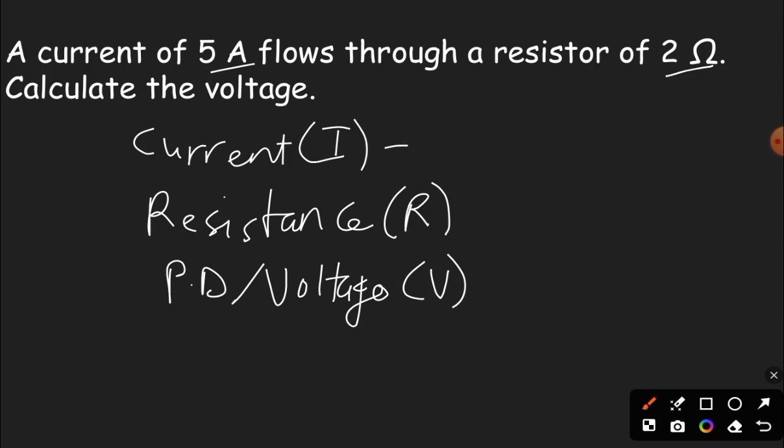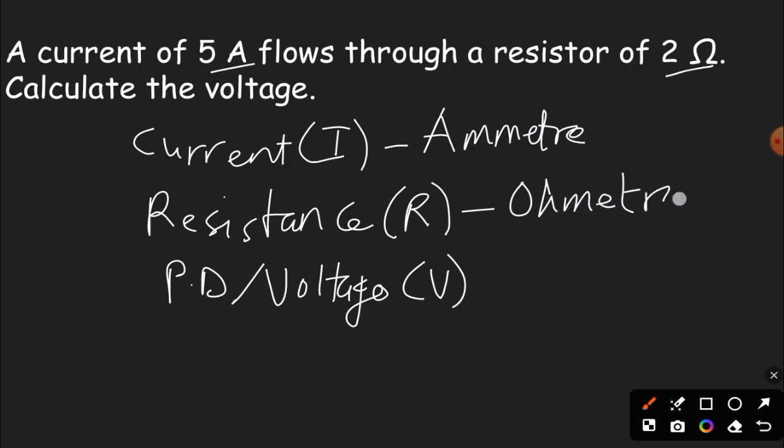Now, current is measured with an ammeter, resistance is measured with an ohmmeter, and potential difference is measured with a voltmeter.